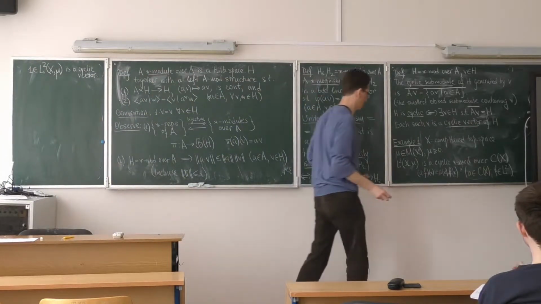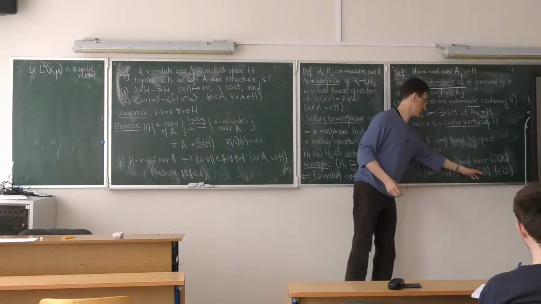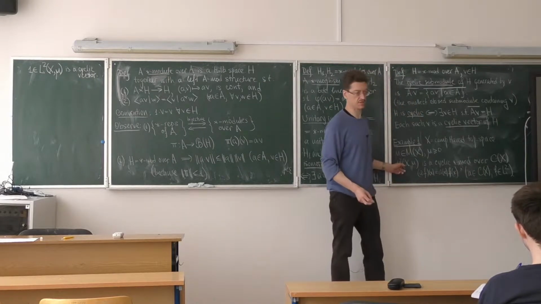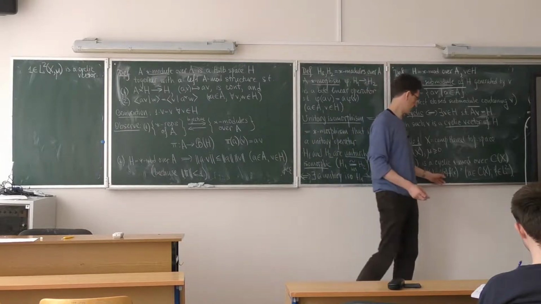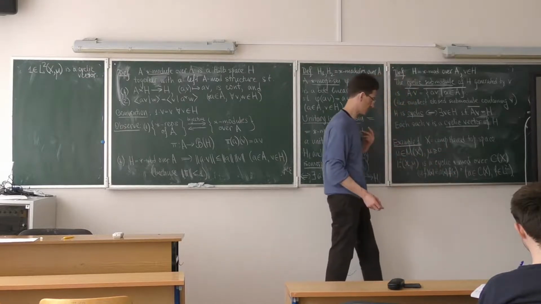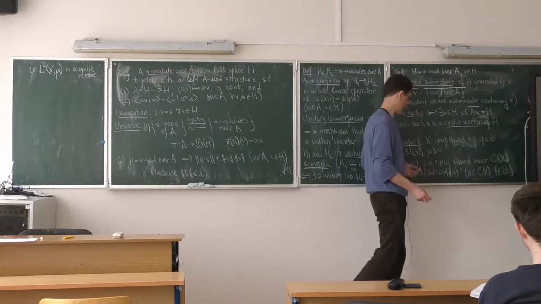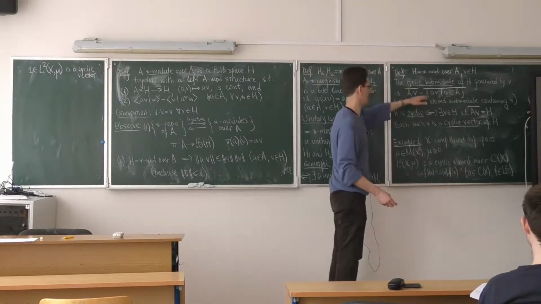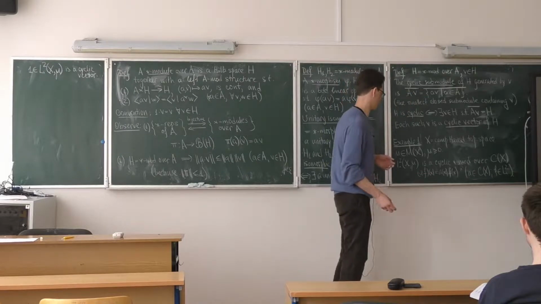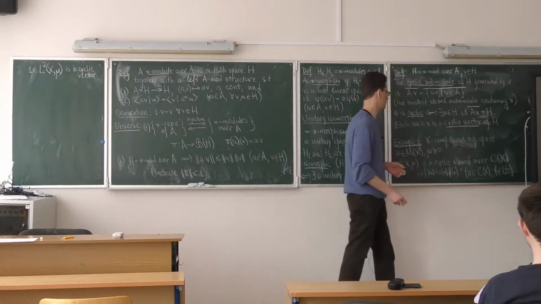Why is it so? This is actually equivalent to the fact that the canonical image of C of X in L2 of X is dense. When we act by A on the function which is identically 1, and A runs over C of X, what we get is the canonical image of C of X in L2.